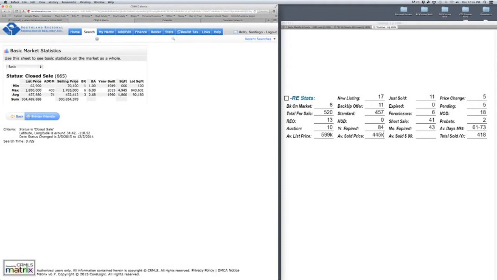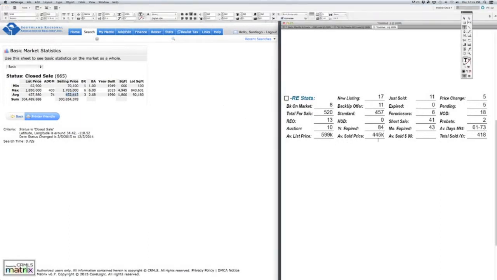Now if I look at the selling price on average, this is the number I'm looking at. In the last 90 days, my properties have averaged $452,413. So the last number on my graph here, 452K, and there we are.